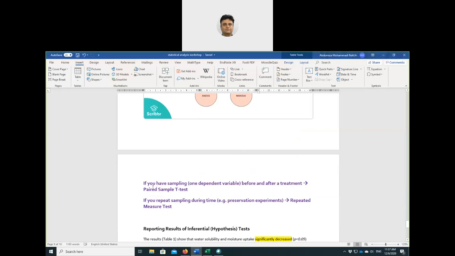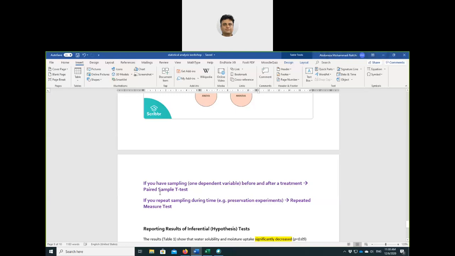If you have sampling before and after a treatment, for example we want to study a nutritional effect, we measure the weight, blood pressure, or something else before, and then feed it to humans or animals, and again we test before and after.